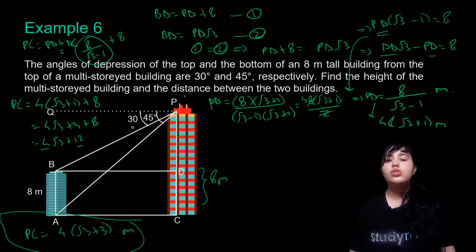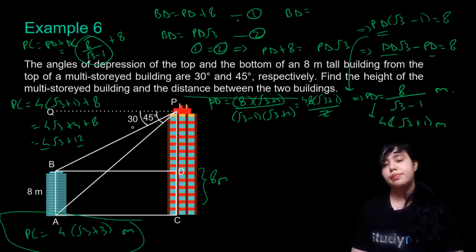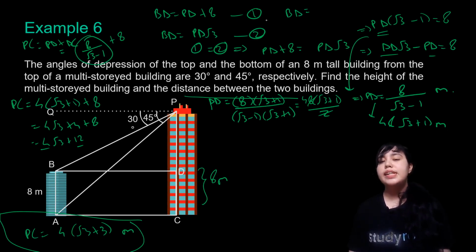Then you need to find out the distance between the two buildings. So the distance between the two buildings is AC, and AC is equal to BD. So let me find out BD only. So BD is equal to PD root 3. You can make use of equation number 2.